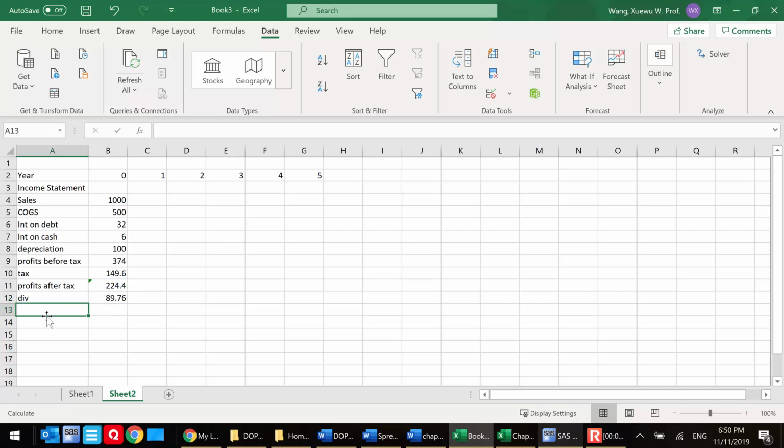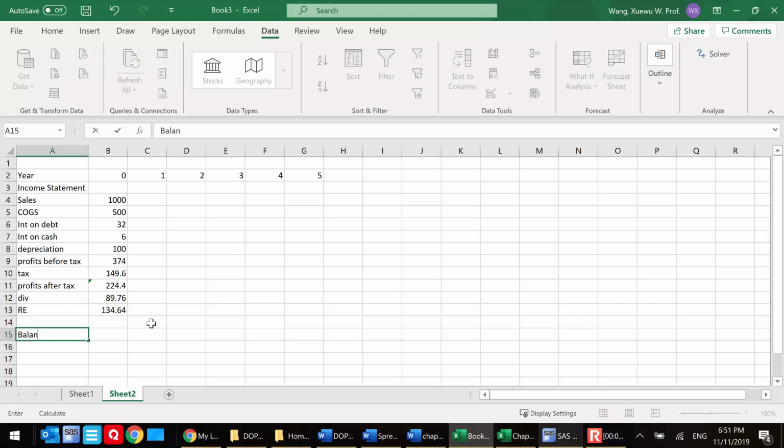And therefore, you have retained earnings for year 0. And that's going to be equal to your 224 minus the dividend you paid out. So that's 134.64, which is 135. So that is the income statement for year 0.